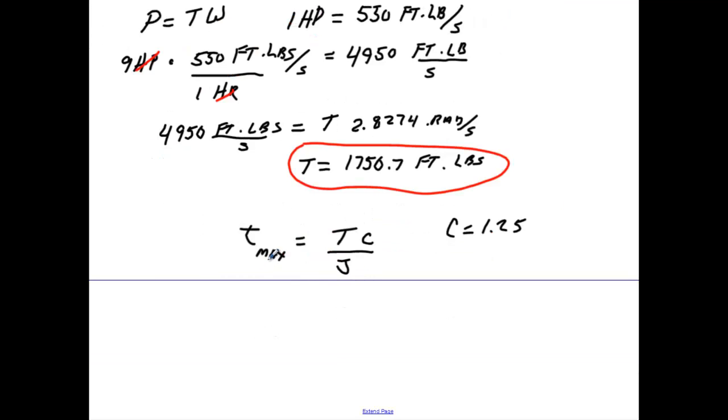Okay, now in this problem you're given tau max, and the maximum allowable is 10 ksi. So write that as 10 times 10 to the third. We know the torque is going to be 1750.7, multiplied by the maximum radius, and then we divide it by the polar moment of inertia, but again we have a hollow shaft.